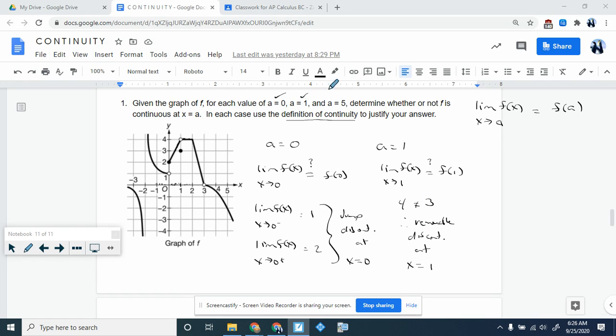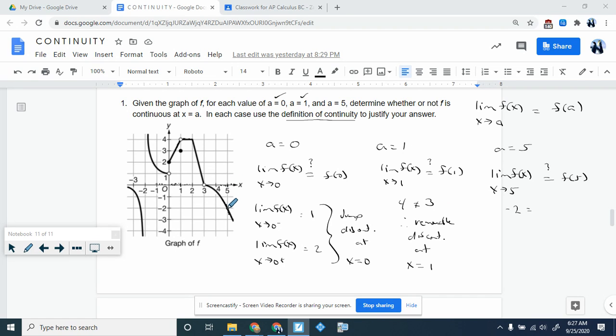Let's do the last one, a equals 5. For a equals 5, again, definition of continuity: limit of f of x as x goes to 5 from both sides, does that equal f of 5? Well, 5 is right here. As x goes to 5 from both the left and the right, it looks like my functional values are approaching -2. What would f of 5 be?